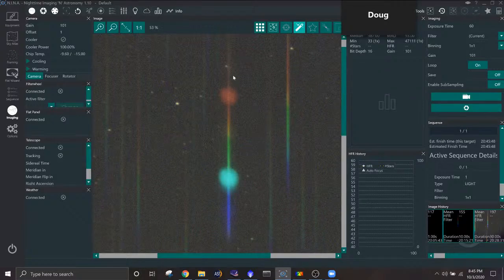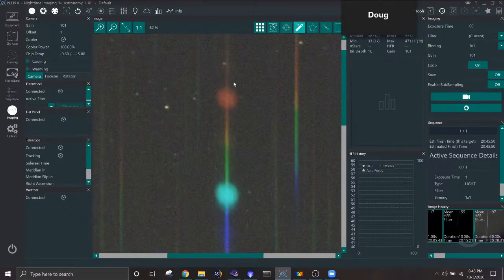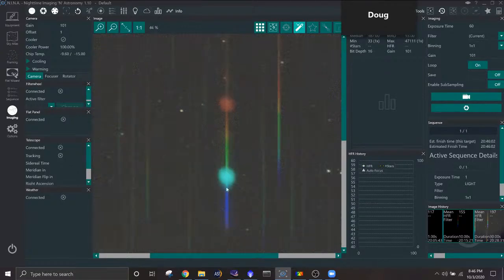But we can see basically the same signature of hydrogen alpha from the hydrogen. In this case, it tends to be more in the center, while you have the oxygen down over here, and you can see the composition of the nebula itself.